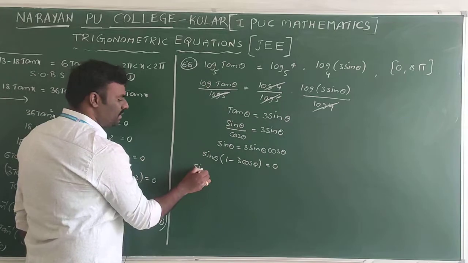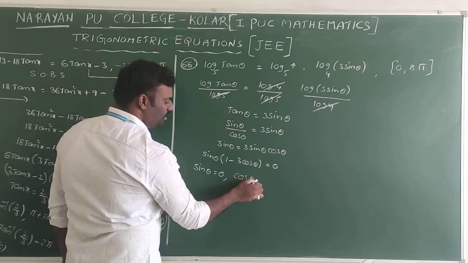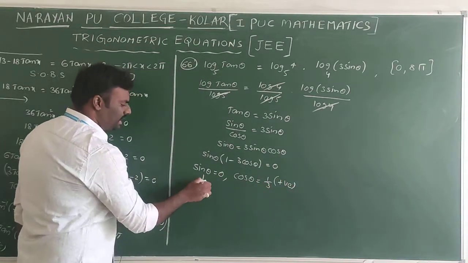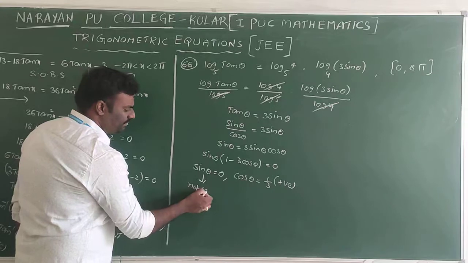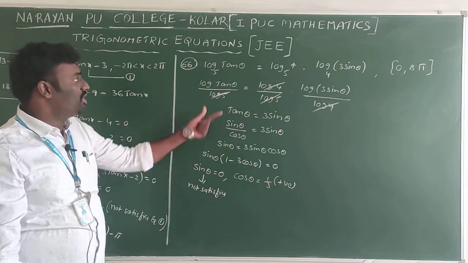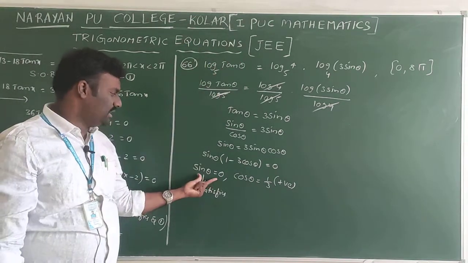From this sin theta is equal to 0, cos theta is equal to 1 by 3. Sin theta equals to 0 is not satisfied, because if sin theta equals to 0, theta equals to 0, you will get log function not existing for 0. That's why don't take sin theta equals to 0.